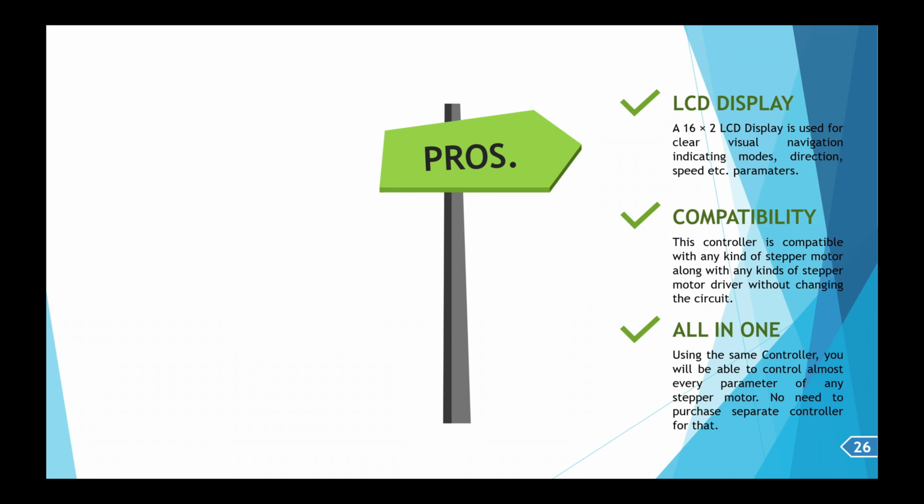Definitely the pros of our controller are the LCD display, compatibility and all-in-one, which I have already discussed. That is, the LCD display is used for navigation. Compatibility means any kind of stepper motor is compatible with this controller along with a specific driver, and all-in-one means you can control any parameter of any bipolar stepper motor. You don't need to use a separate stepper motor controller to control a particular parameter of a stepper motor.